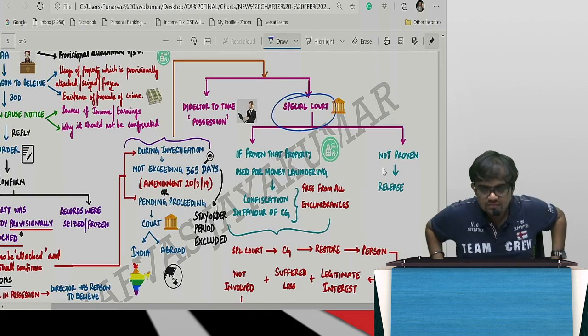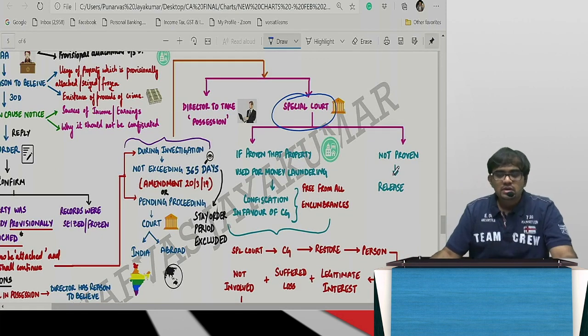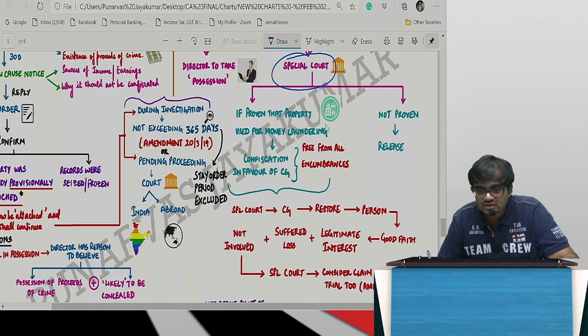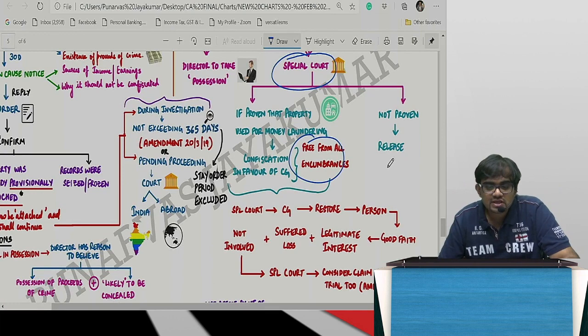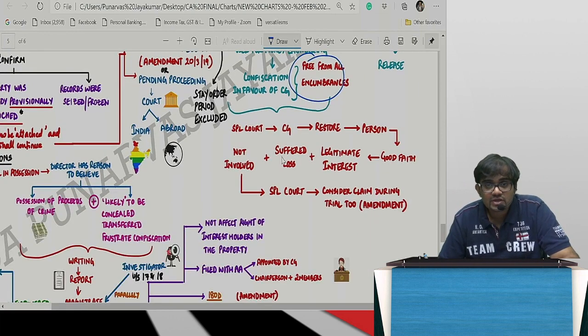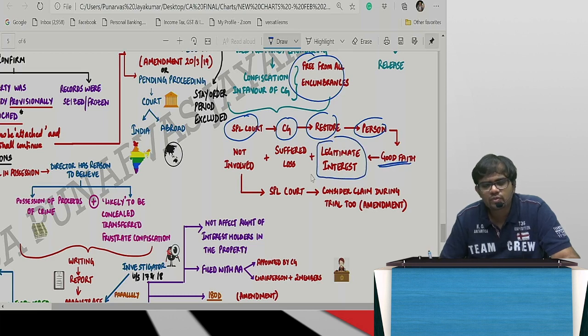If it is proven that the property is free from all encumbrances, and if a person goes and tells that it was my property, I did not know that my son was using it for money laundering, etc., special court after application by the CG can restore it to the person if in good faith and legitimate interest she can prove legitimate interest in the property, and she can tell that I have suffered losses and she was not involved in money laundering.